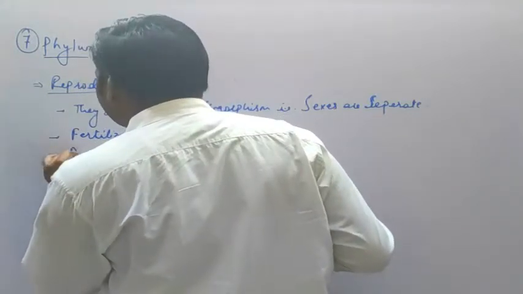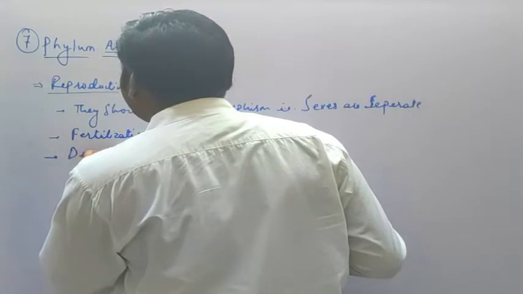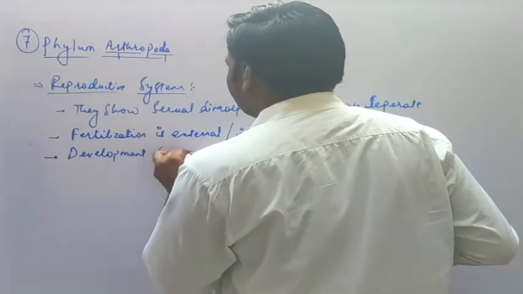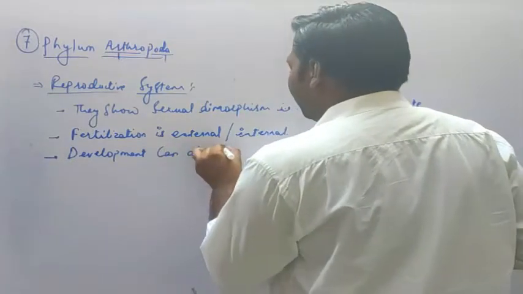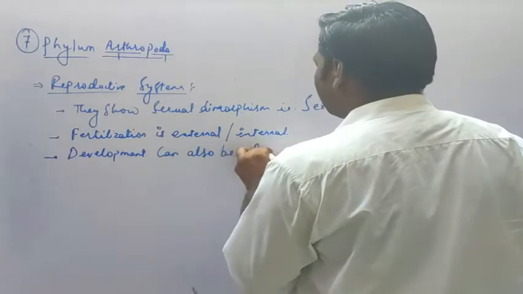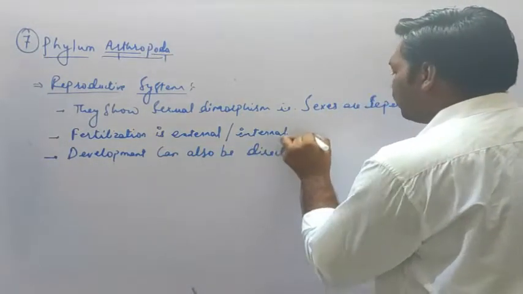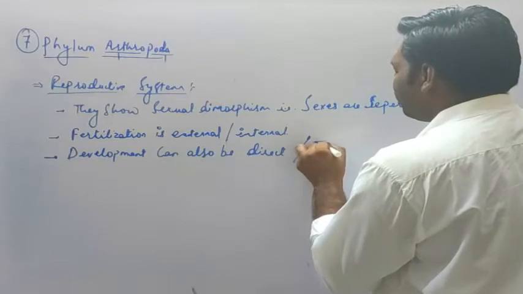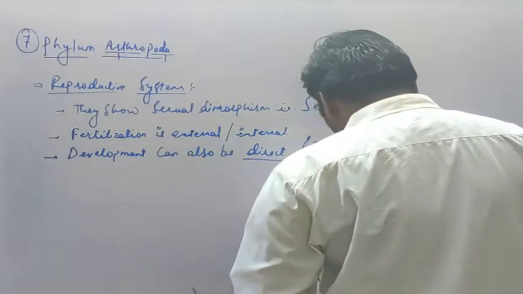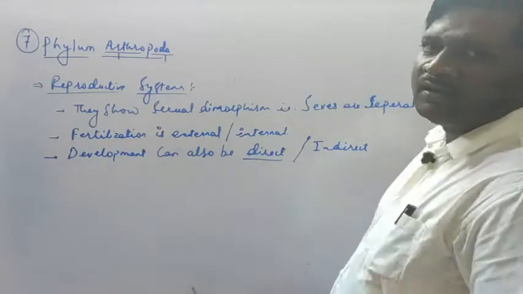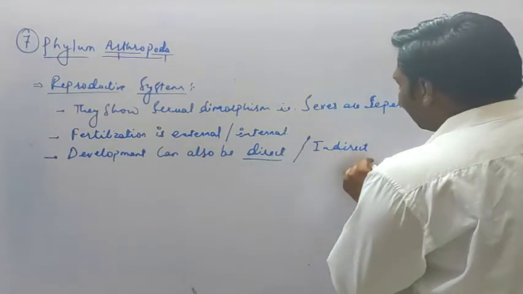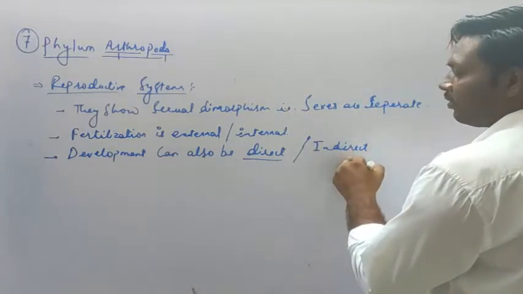The next, development can be direct or indirect. If direct development is there, that will give rise to the young ones, and if indirect development is there, then it will undergo metamorphosis.